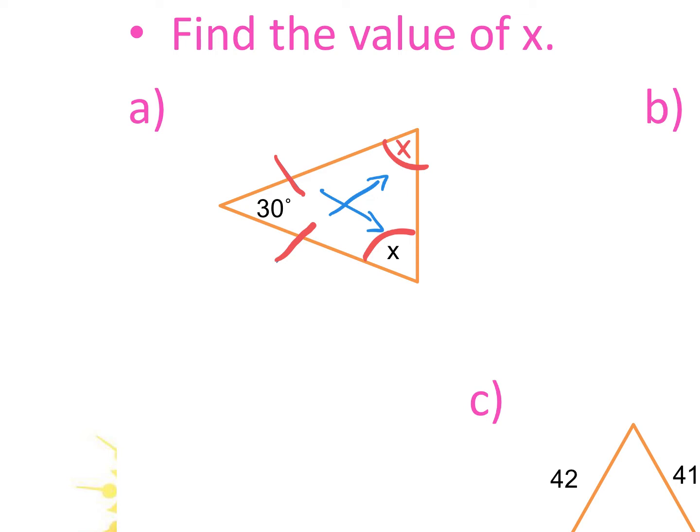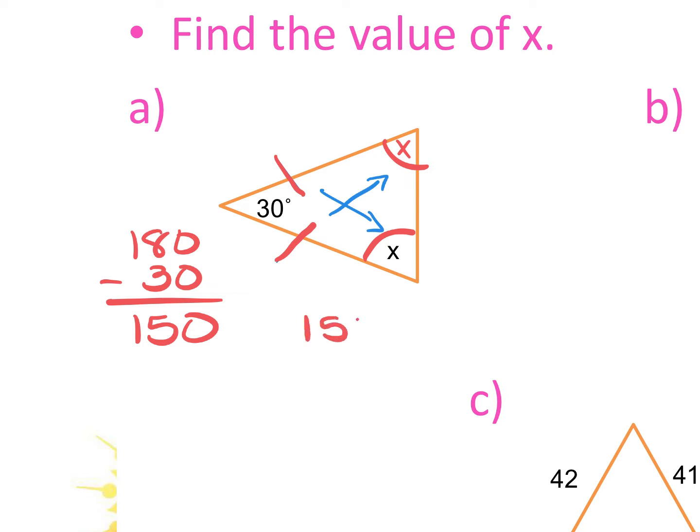So in order to figure out what x is, I could use my triangle sum, and I can take 180, subtract 30, and that leaves me 150 degrees for the other two angles. And notice they're both congruent angles. So I'm going to take that 150 and divide it by 2, telling me that each angle here is going to be 75 degrees.